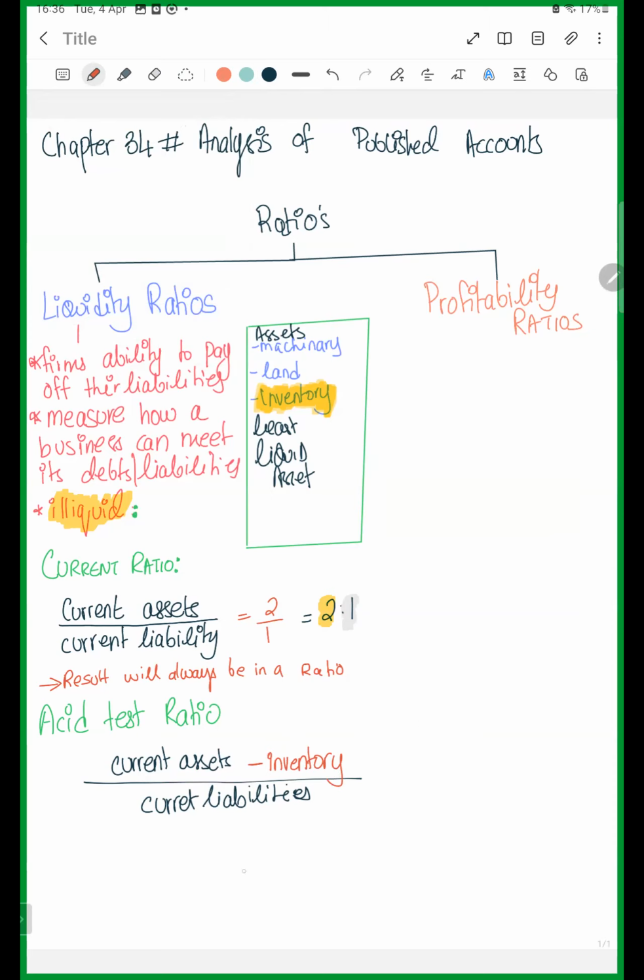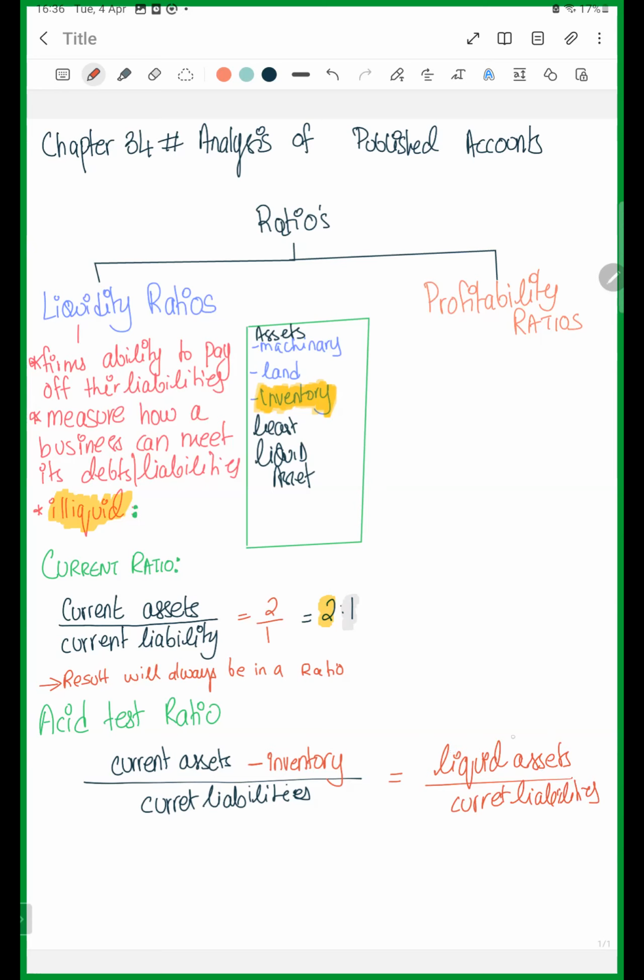So the actual formula for the acid test ratio is liquid assets divided by current liabilities. Your liquid assets are all of your assets minus inventory. So the formula to get your liquid assets is current assets minus inventory.